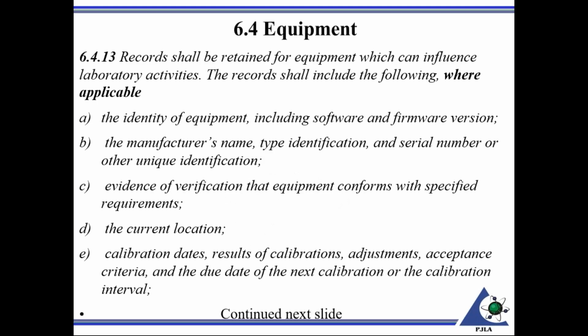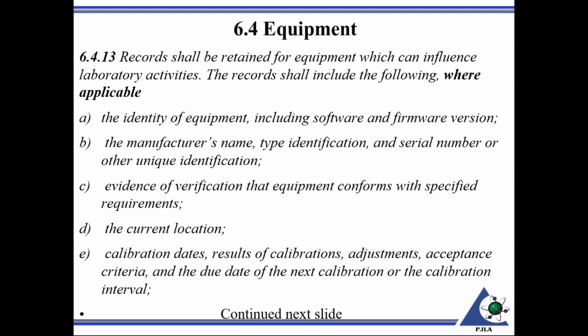All right, the records. So with equipment, you are required, of course, to maintain records which can influence laboratory activities. And under 6.4.13, we have a listing of records that, where appropriate, shall be maintained.